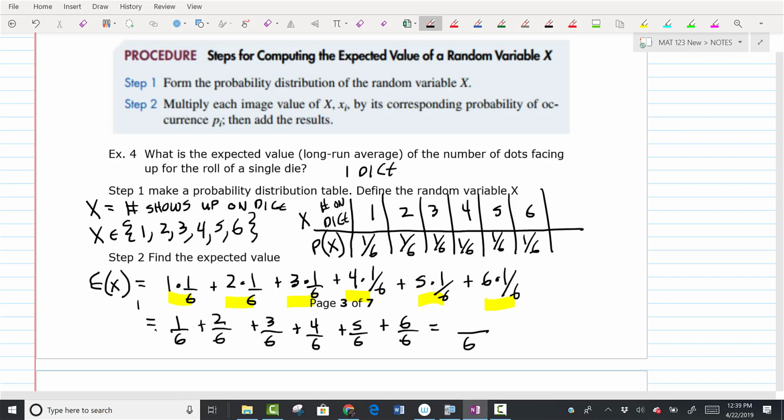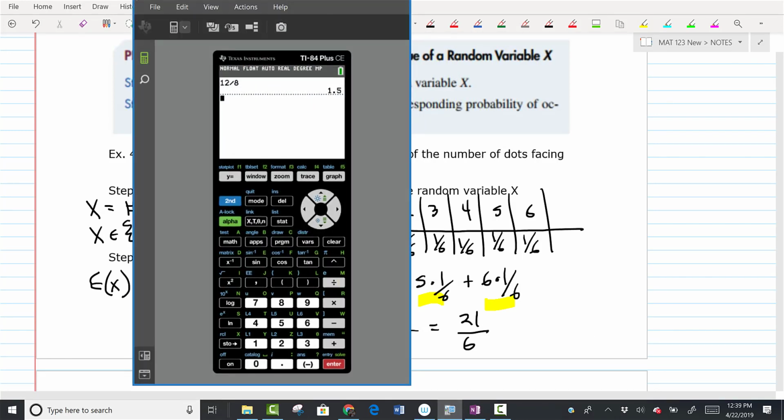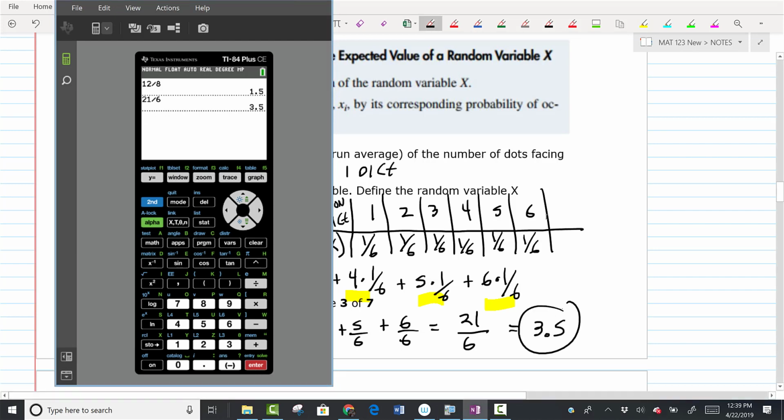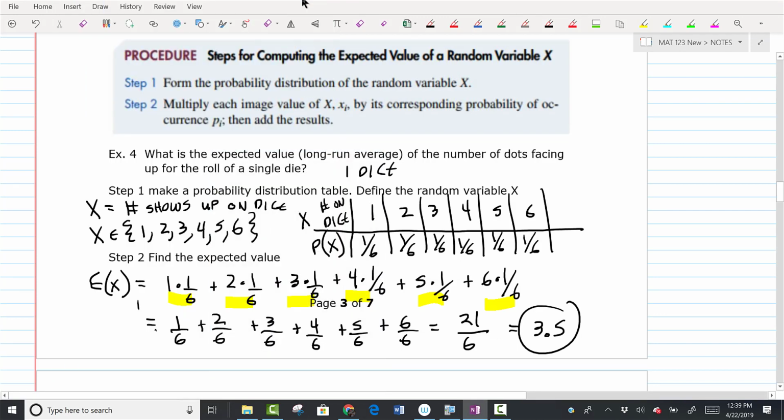That should be 21 out of 6. Then you could take your calculator and get a decimal like this. Let's think about whether this makes any sense. If you understand expected value, you could do this problem in your head. So the expected value is 3.5. Does everybody see what I did with my calculation?